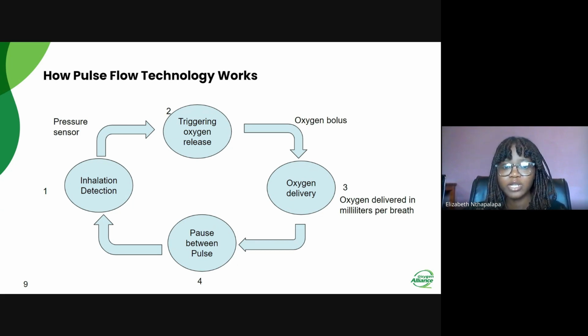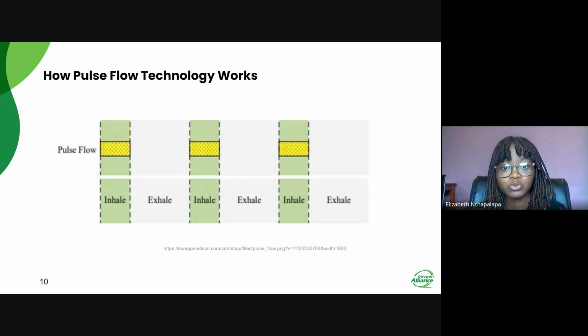As we move to the next slide, I just want to explain what is actually happening in the whole cycle, from this graph. I believe it looks familiar because even my colleague used the same graph for demonstration between continuous and pulse flow. As we can see here, we have different portions demarcated with different activities such as inhale, exhale, inhale, exhale, inhale, exhale.